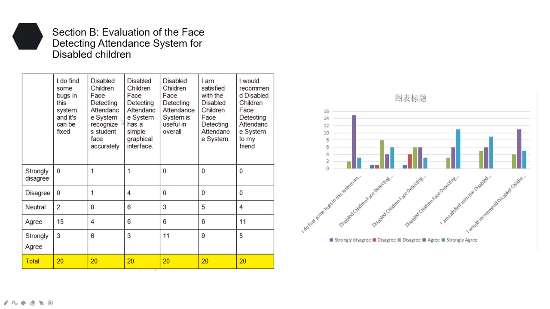One question is: disabled children face detecting attendance system recognizes student face accurately. About these questions, we can clearly see the most people agree. All these questions are about evaluation of the face detecting attendance system.